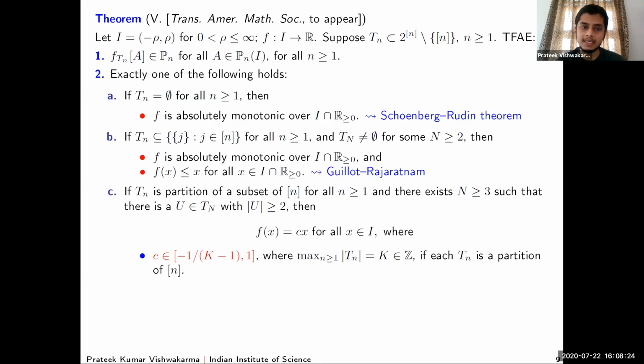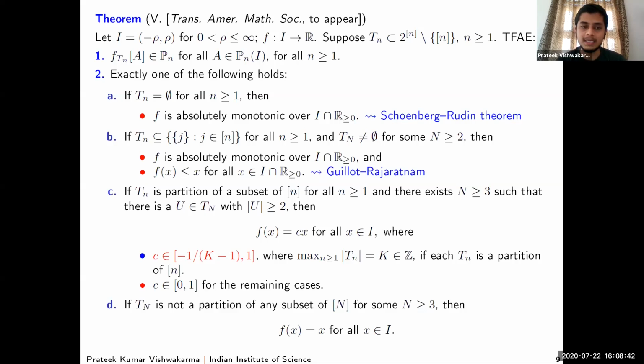Note that this is the case which yields us the first non-absolutely monotonic entry-wise dimension-free preserver. Now, for the remaining subcases, the coefficient c has to belong to the closed interval 0 to 1. And finally, for the case where the function f is forbidden to operate on at least two intersecting principal blocks, the preserver f has to coincide with the identity function.